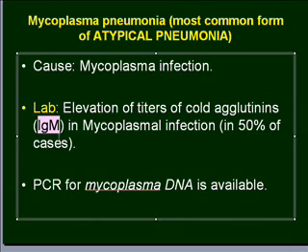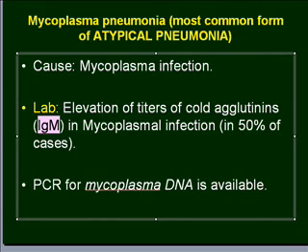Now this immunoglobulin is known as cold agglutinin because, I hope you can remember from your microbiology class, this immunoglobulin is very large, very big in size. So if it is present in the serum, it will produce something.